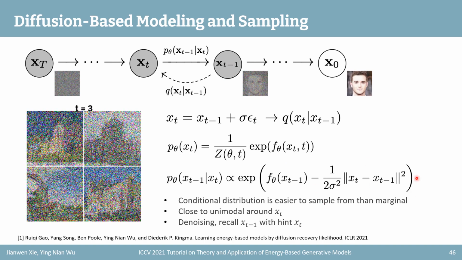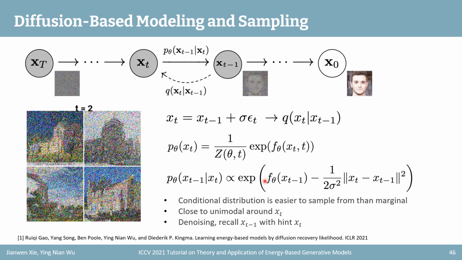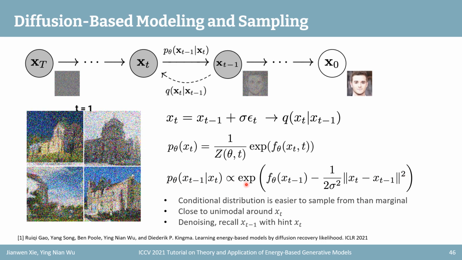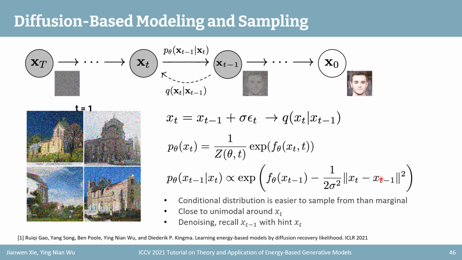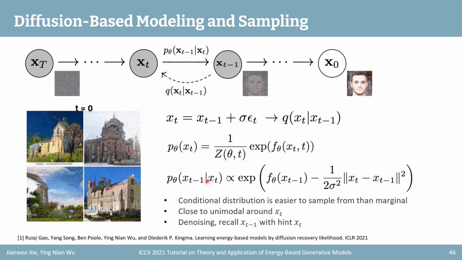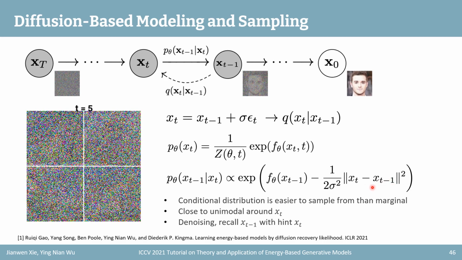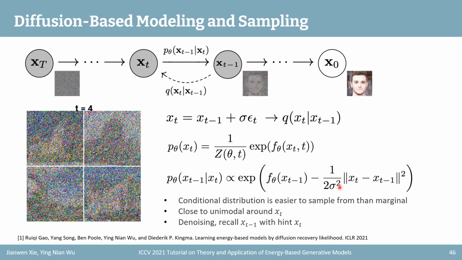And then we add this data likelihood, right, which is a least square term, so that the marginal distribution continues to be an energy-based model with this energy function. And you can see that because of the regularization of this term, given x_t, this term requires that x_{t-1} be close to x_t if sigma square is small.